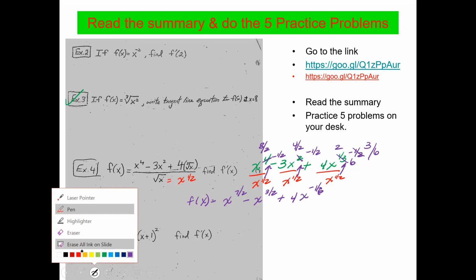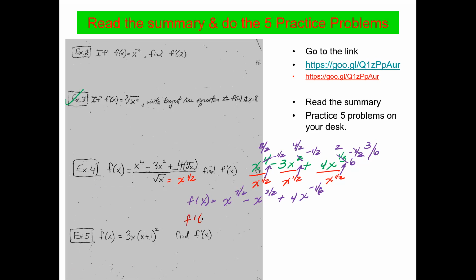Now that I have everything written like this, I can now move forward to finding the derivative. The derivative of the first one, you bring this one down, so 7/2 x to the 7/2 minus 2/2 is going to give me a 5/2. So boom, done. Now do the same thing with the second one, bring the exponent down, so minus 3/2 x to the 3/2 minus 2/2, 1/2.